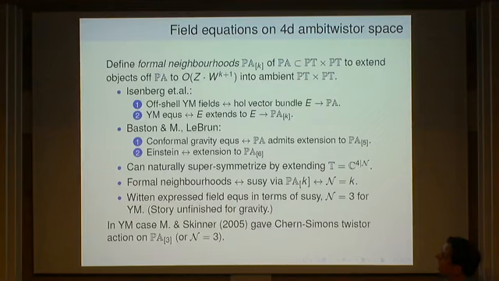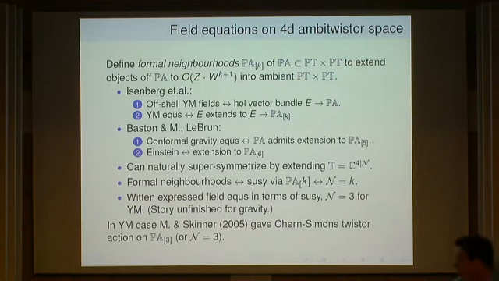And so then the question arises as to how you express the field equations. And somewhat surprisingly, you discover that the field equations are best expressed as the condition that this holomorphic vector bundle E over ambitwistor space should extend to the third formal neighbourhood, that is, K should be 3.